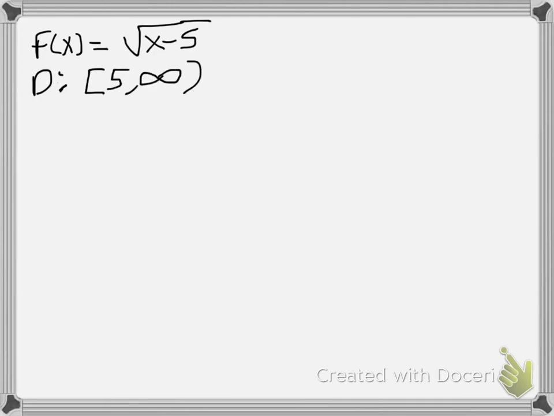Correct? Why can't it be below 5? Because then we're going to have a negative radical, right? Okay. And then what's my range of f of x? Well, my range of f of x is going to be anywhere from 0 to infinity.